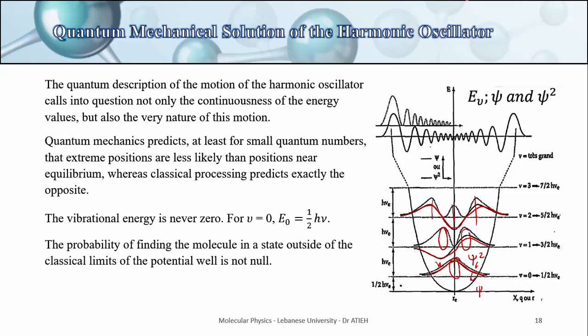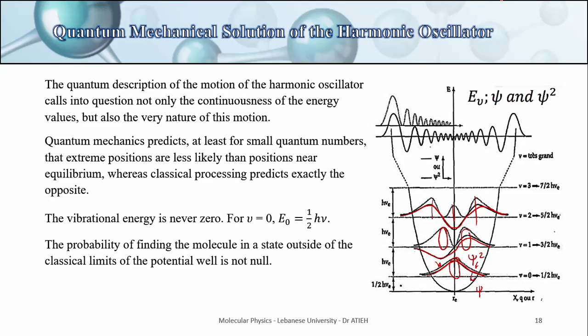So this is according to quantum mechanics. You can see that for at least small quantum numbers 0, 1, 2, 3, 4, etc., the positions that are near the equilibrium position are more likely to be occupied, while according to classical mechanics, this is not the same.